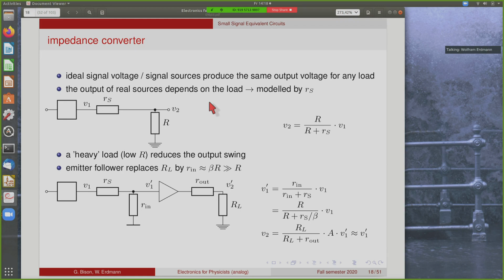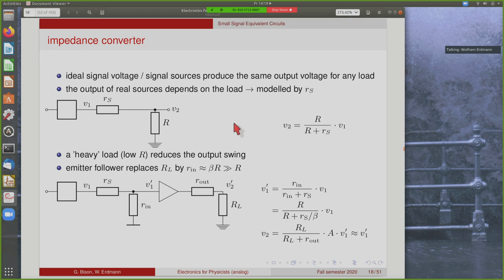Obviously, when you have an ideal voltage source or an ideal signal source, it will always produce the same output voltage for any type of load that you attach to it. Now, let's say this is our signal source or voltage source. If it's not ideal, it'll have some kind of output resistance. Now, if you attach a load to it, it means that your output value here is no longer independent of the load, but it will actually form a voltage divider between this load resistor and your output resistance.